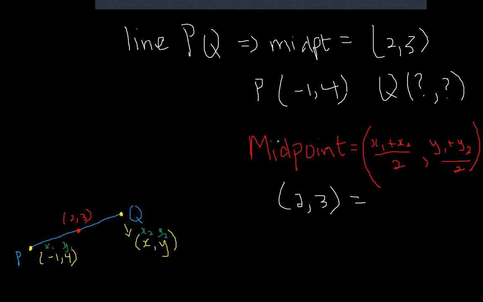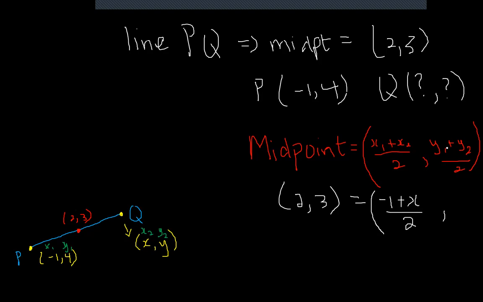So the midpoint, they already gave it to us, is 2, 3. According to this formula, I use x1, so that's minus 1 plus whatever the x value is for the coordinate of Q, divided by 2.